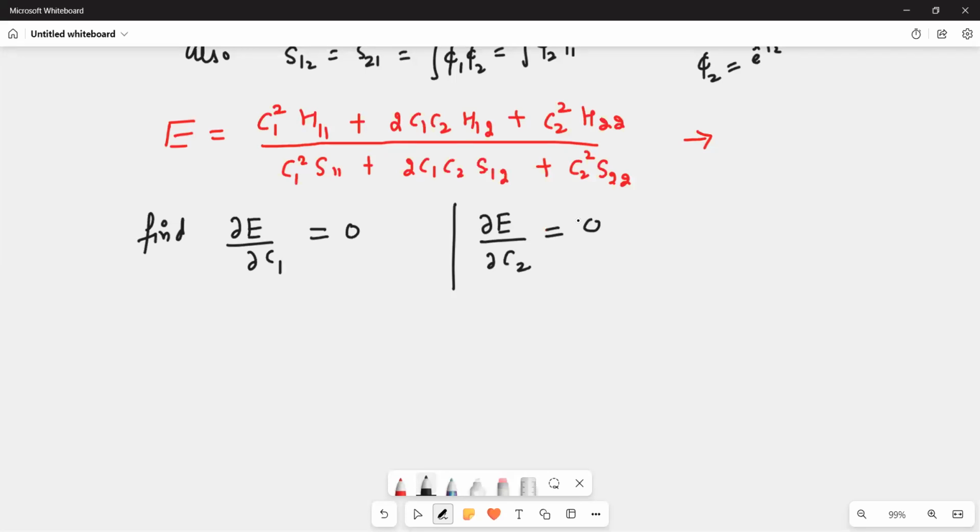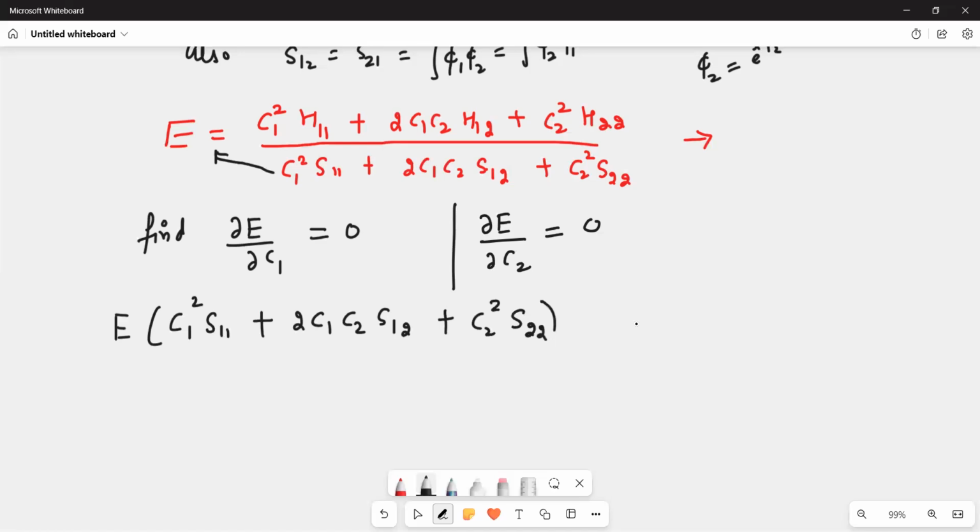Okay. So to do this step, we will cross multiply this denominator with E. So you will get E into C1 square S11 plus 2C1 C2 S12 plus C2 square S22 equals C1 square H11 plus 2C1 C2 H12 plus C2 square H22.